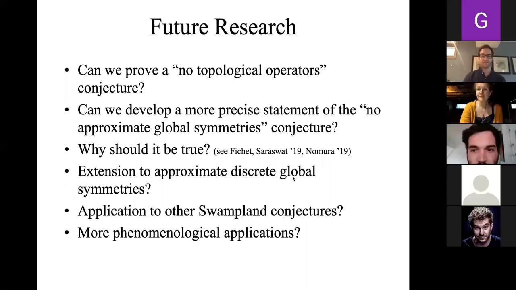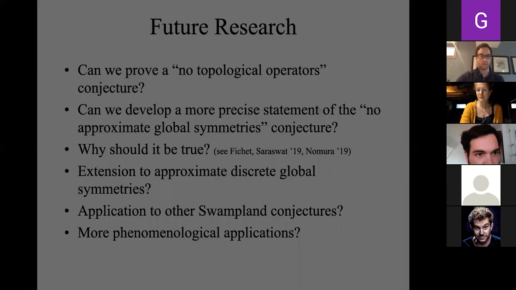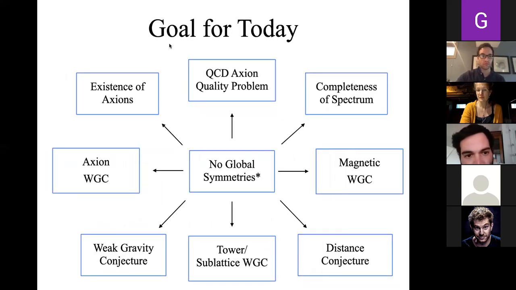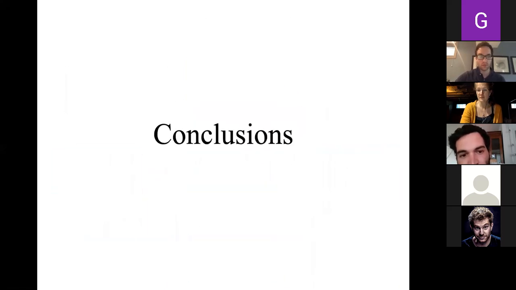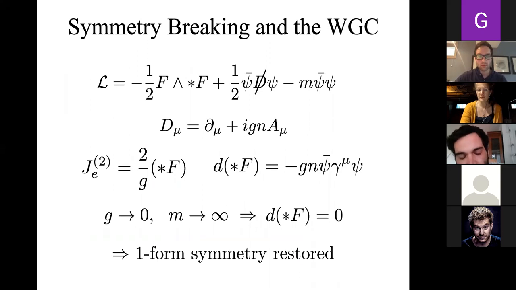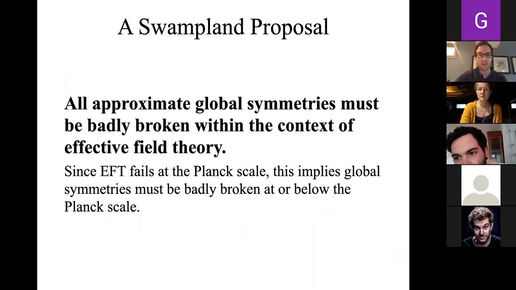Hi, very nice talk. So if we go back to the example in which you discussed the one-form electric symmetry in just QED, you said that if we have fermions with all possible charges, then the symmetry is broken completely. My question is, would it be enough to have just two fermions with coprime charges? Sorry, could you say that again?